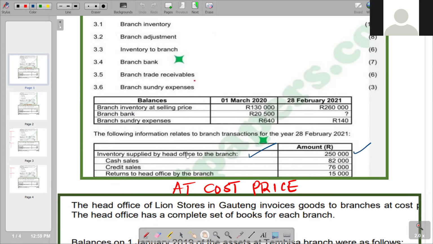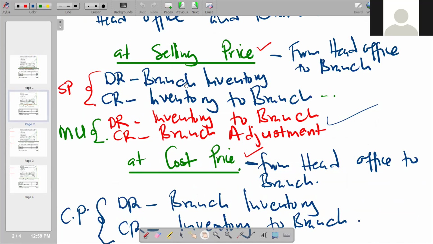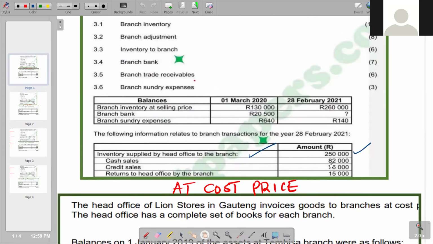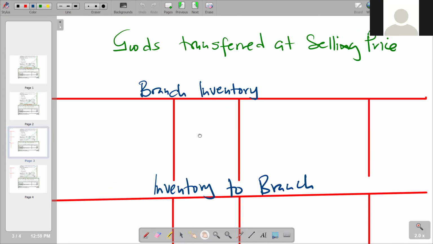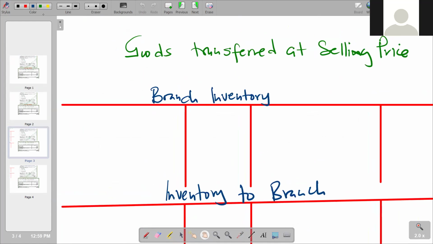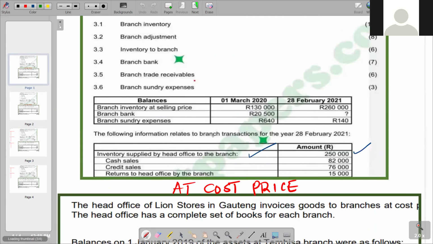So we are going to first make the first double entry by debiting branch inventory and crediting inventory to branch with an amount of 250,000. So if you go to your answer section, this is going to be your branch inventory. So you are going to debit it with inventory to branch, and the amount that we have is 250,000.